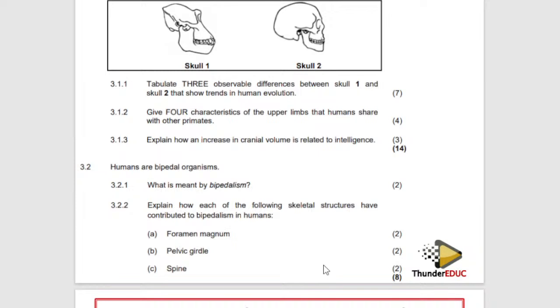You can see them here. While skull 2, are the brow ridges pronounced? No, they're not that pronounced. Check it here, it's not there.